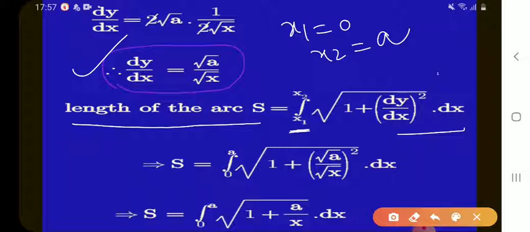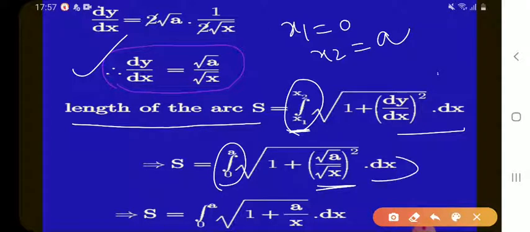Okay, now substitute these values. What are x1, x2? 0 to a, integral 0 to a, root 1 plus, what is dy by dx here? Root a by root x whole square dx. That implies s equals integral 0 to a root 1 plus a by root x whole square, means a by x, dx.